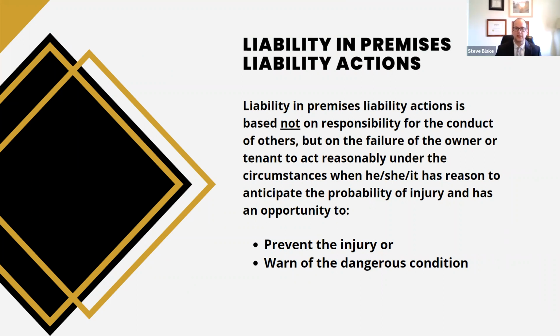What it is, is the failure of the owner or the tenant to act reasonably under the circumstances when they may have reason to believe that the probability of injury could occur. And therefore the owner or the tenant has a duty to take steps to prevent that injury and/or warn of the dangerous condition so that people won't injure themselves on the property.